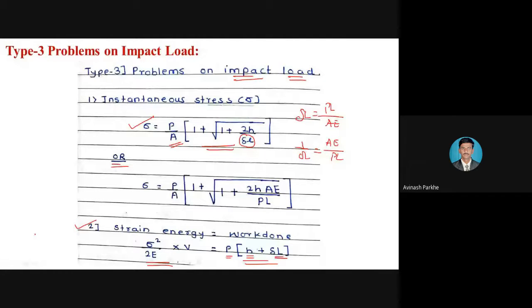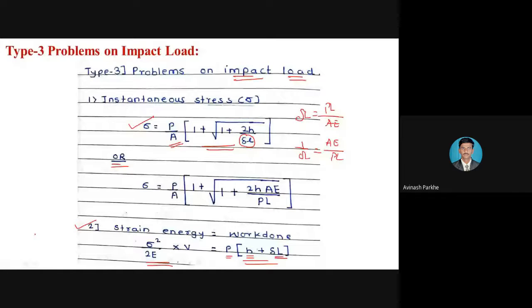Okay, those numericals we also discussed in the last lecture. We also had a little introduction to type number 3, that is problems based on the impact load. So what is meant by the impact load? If any weight or any movable load strikes on any component, or if it is falling from a certain height, then that load is called an impact load. Initially there is no contact between that component and the movable load.